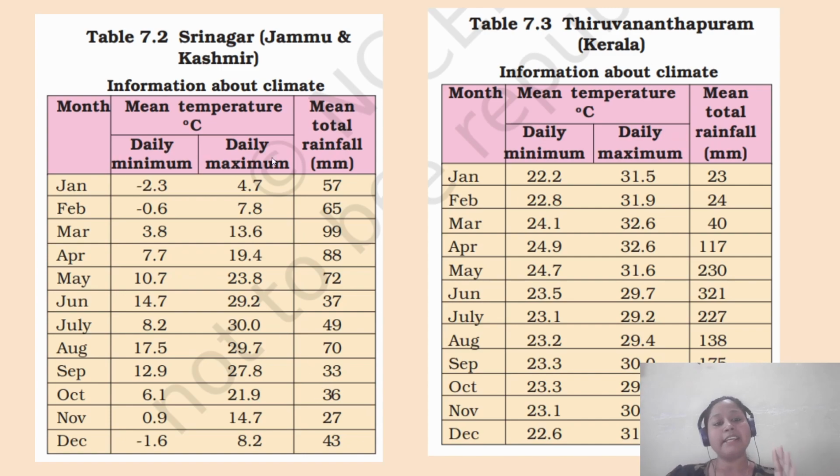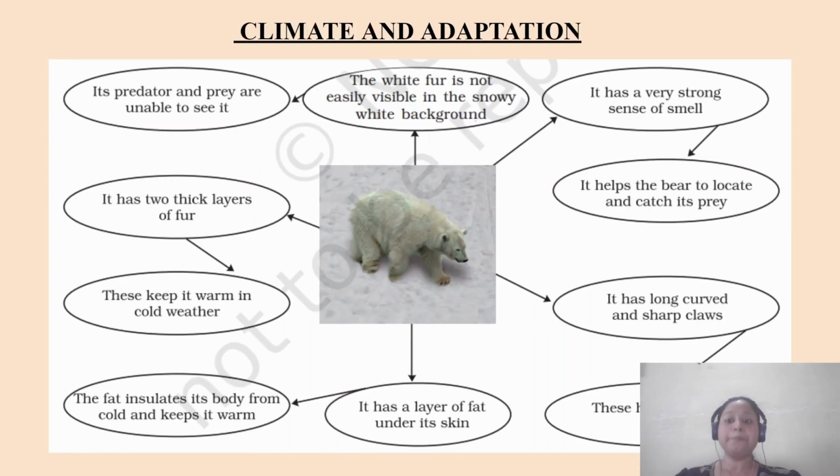That is, we can understand a clear distinction that Kashmir is extremely cold and Kerala is comparatively warmer. So this analysis can be done with the help of instrumentation, different devices and technologies. So these are the usefulness of the instruments which we discussed earlier.